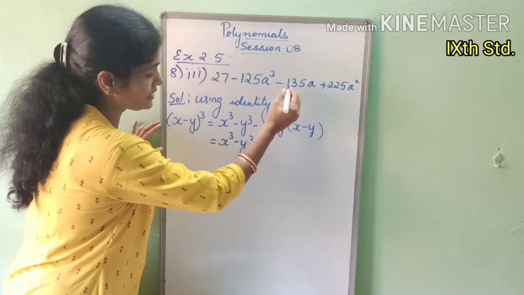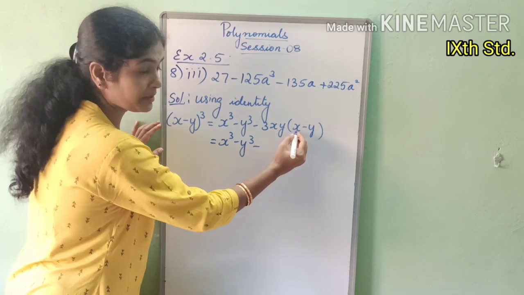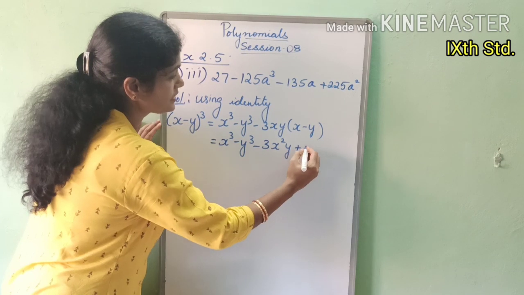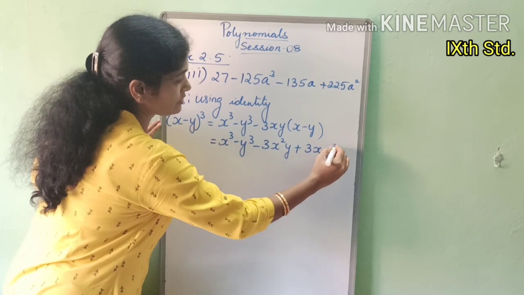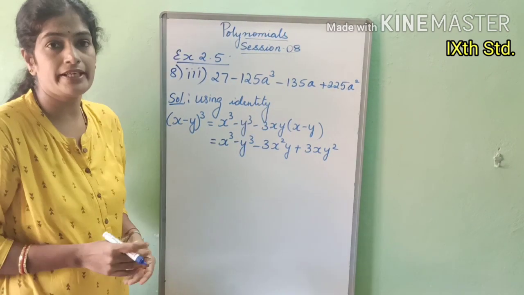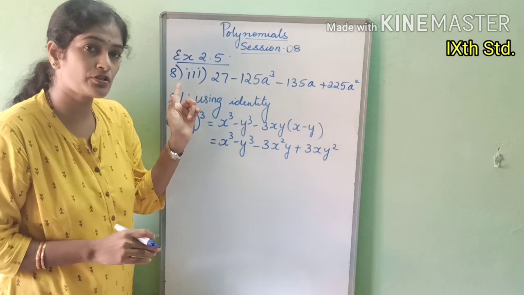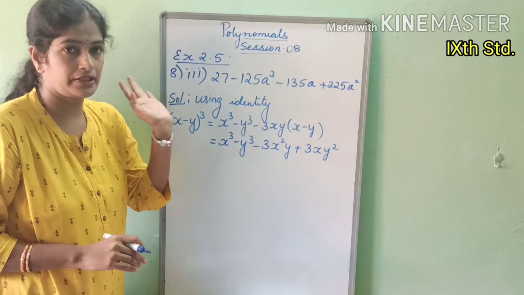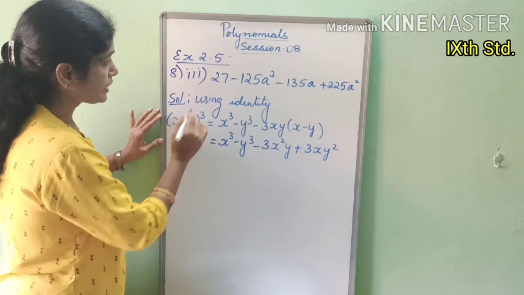You can put it in the same form: 3xy multiplied by x minus y is 3x square y minus 3xy square. That's how it has been simplified and written there. In the earlier two problems of this 8th question, the same identity can be used. Okay. How to write this now?